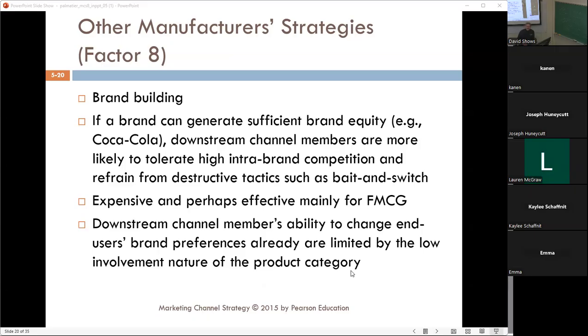Now, it says fast-moving consumer goods may be the best place for this, and I would agree. You're talking about those goods that move quickly. And so if I brand build and sales promote in that particular line, I can maximize my revenues pretty quickly.